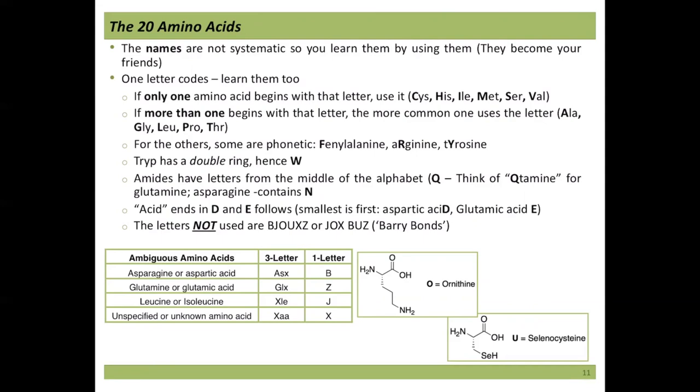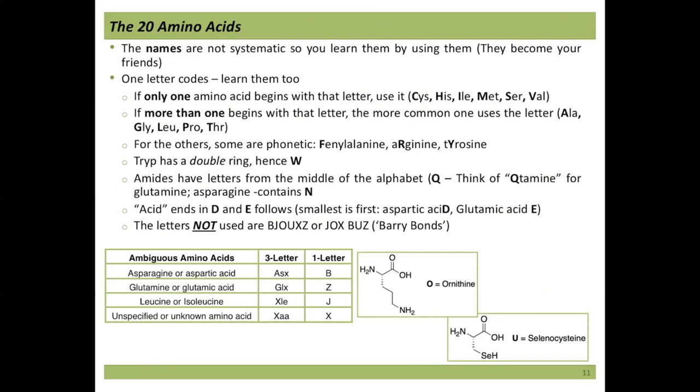Okay, so since there's 20 amino acids, there are 3 letters that aren't used. "Jox buz" is how you can remember that, or buzz jocks, or jocks getting buzzes. And so you can spell your name in amino acids unless you had a J, O, X, B, or Z in your name.